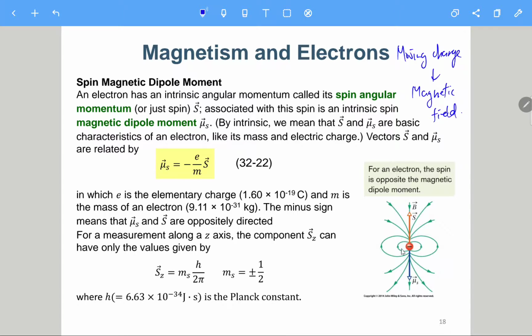So suppose we have one electron here, and of course if we move, it will generate a magnetic field. But now we'll consider that an electron has intrinsic angular momentum called the spin angular momentum. In high school chemistry class, I suppose you learned some fundamental quantum mechanics.